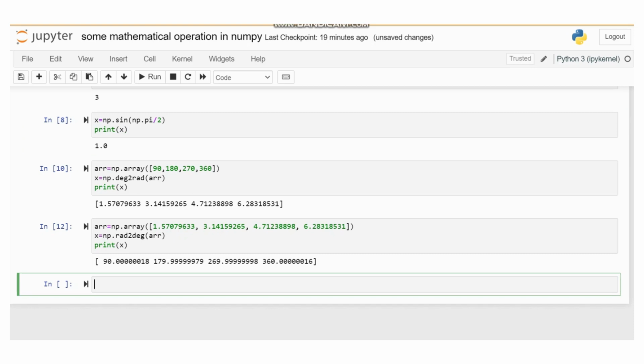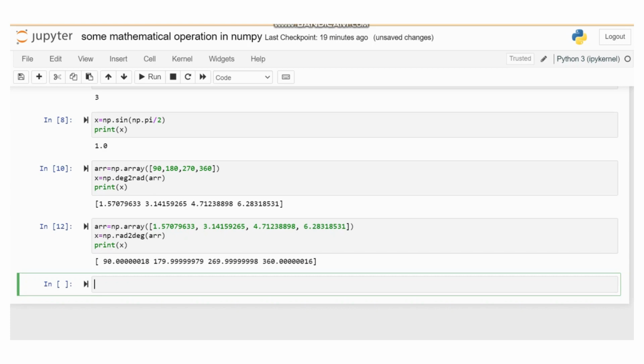I want to find the angle of 1. The arcsin, arctan and so on calculate the angle for sine, cos, tan and produce the result as a radian value.